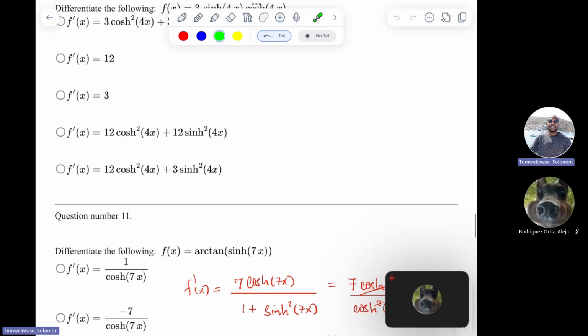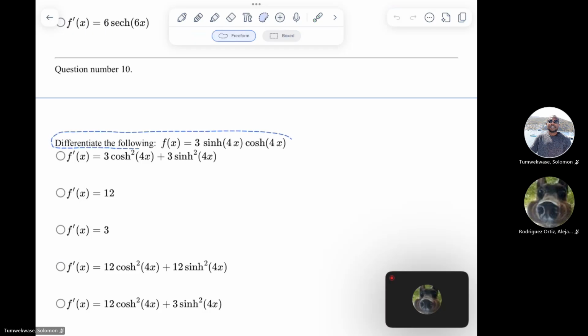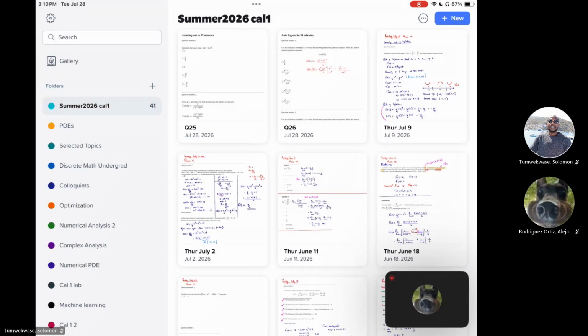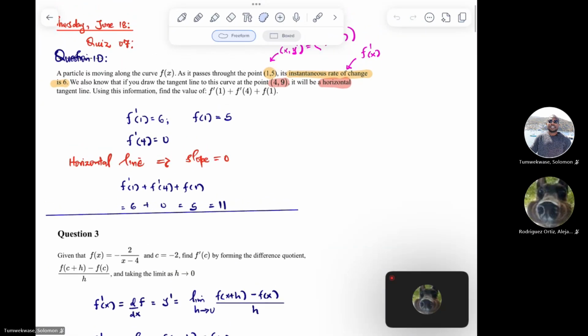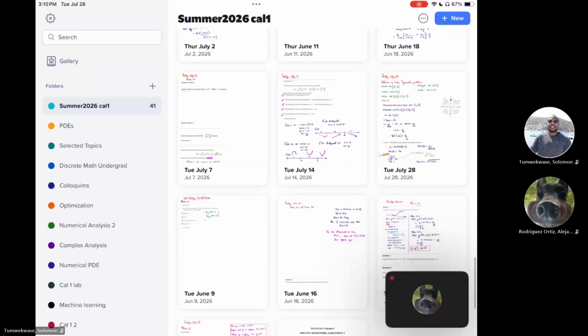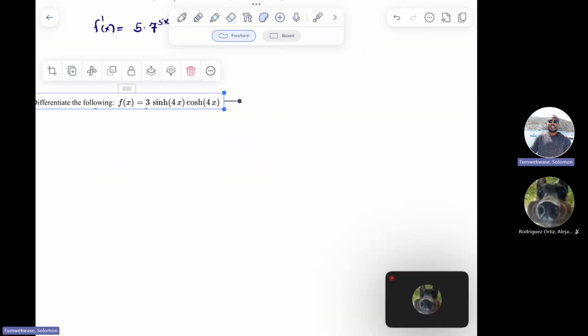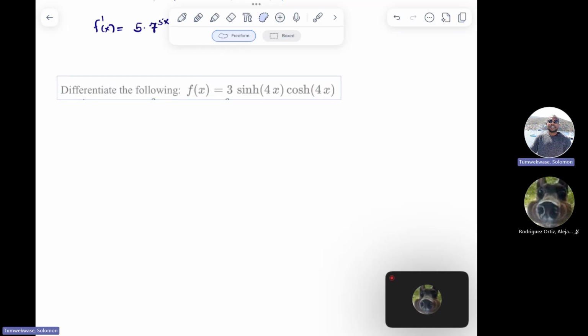Maybe we can do one for product rule. Okay, maybe this can be my last one for me.